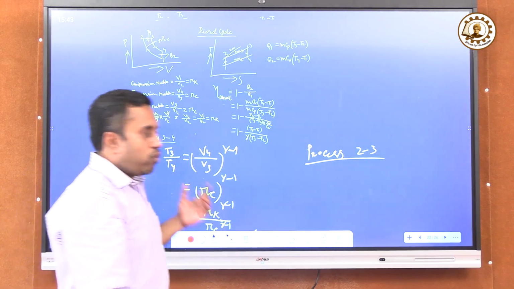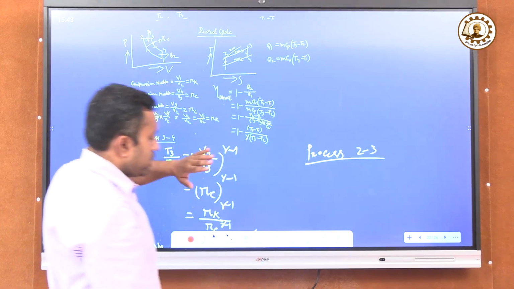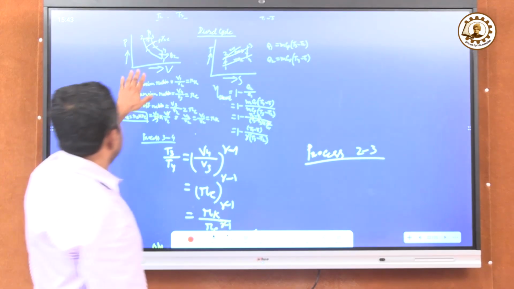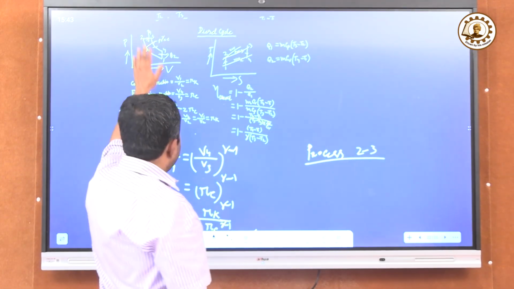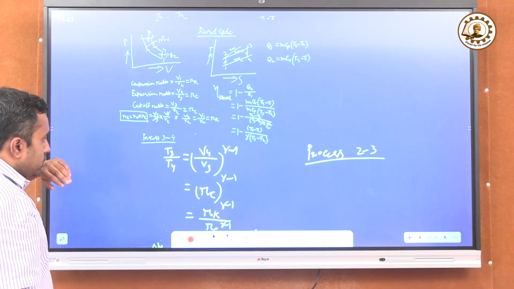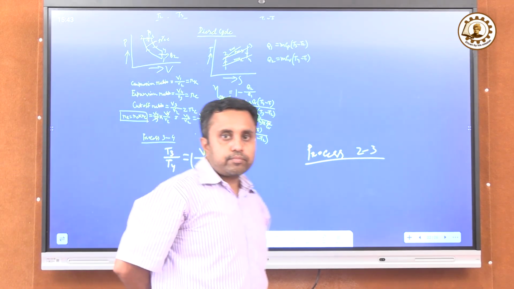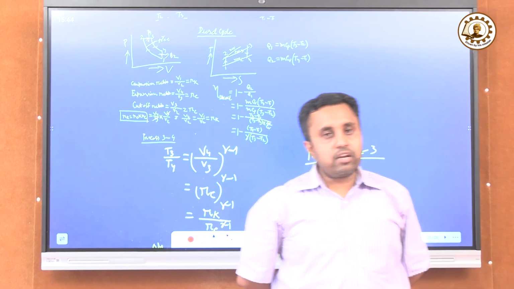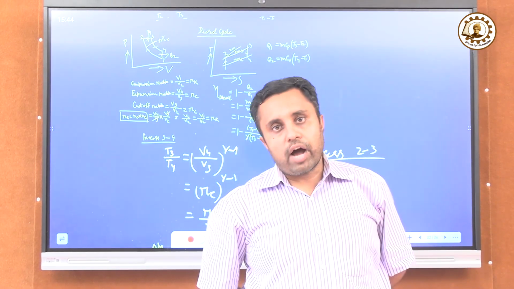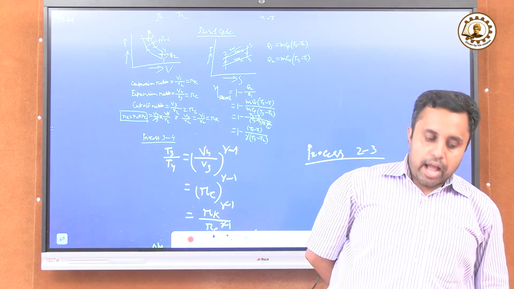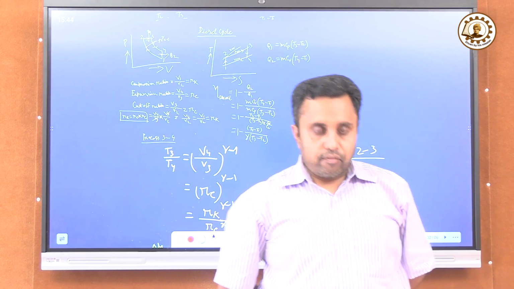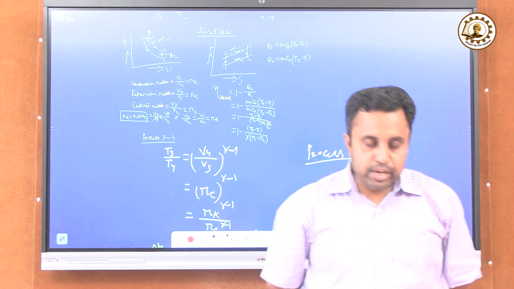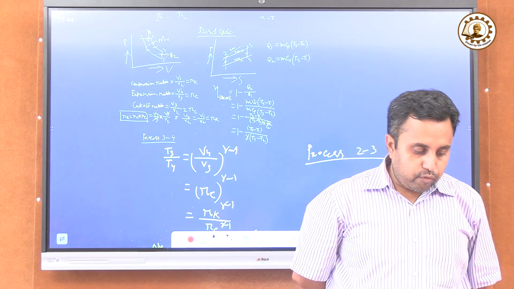Sorry, pardon me, another time I made the mistake. This is a constant pressure heat addition. That means whatever we can write, it is not an adiabatic process. Then what formula can we use?